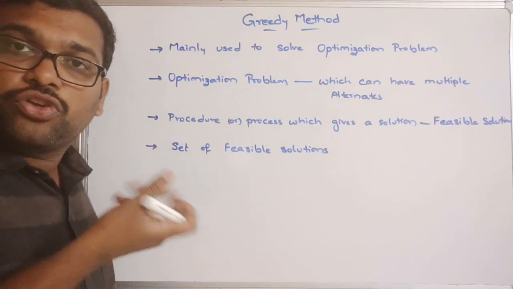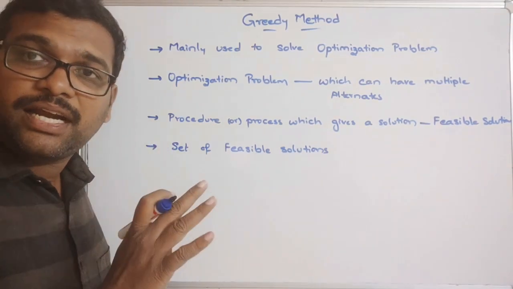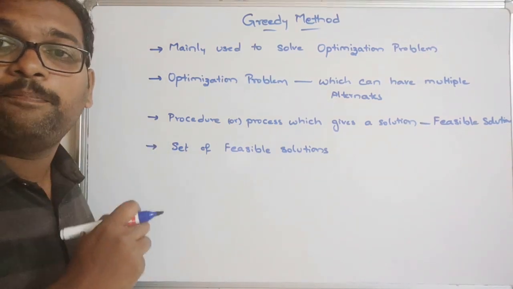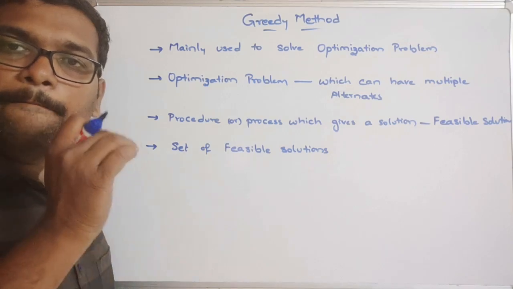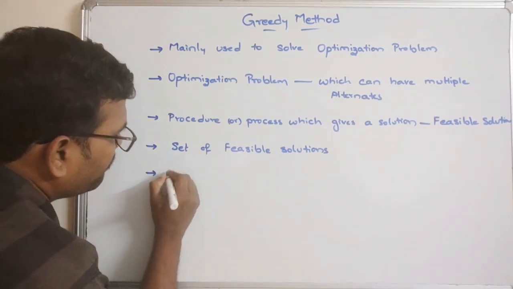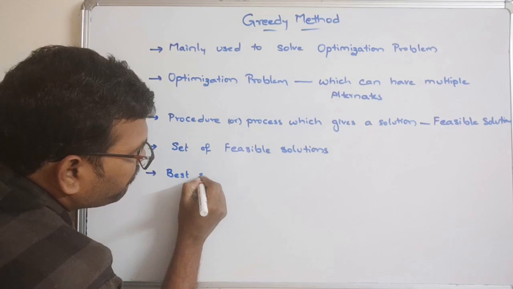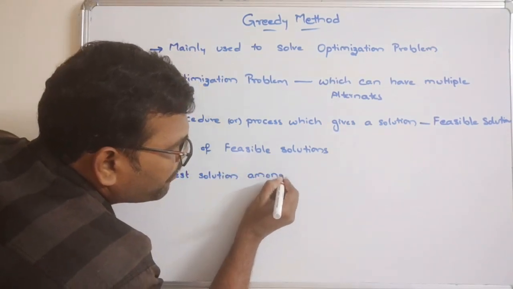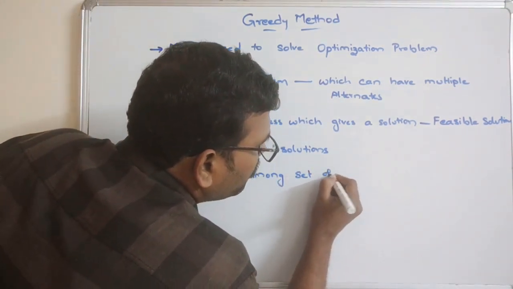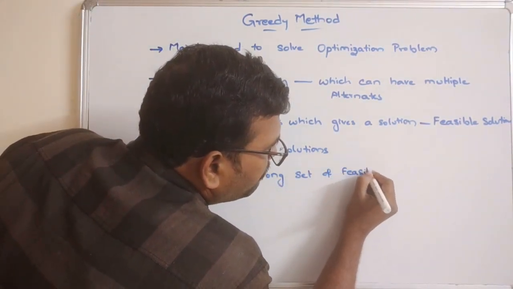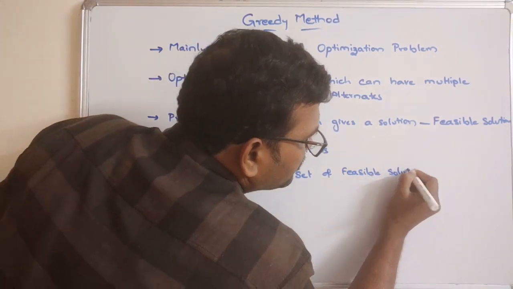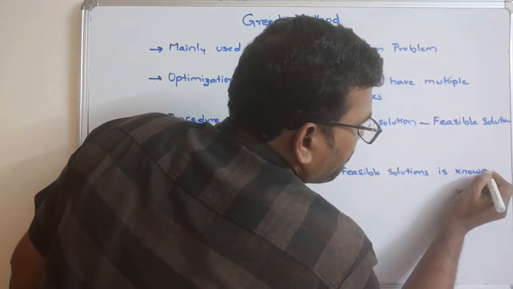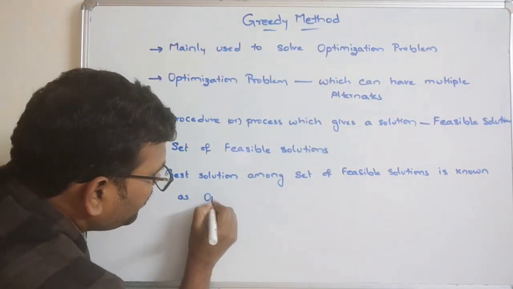From these feasible solutions, based upon the constraint, we can select one solution, and that will be the optimal solution, or we can call it the best solution. So the best solution among the set of feasible solutions is known as the optimal solution.